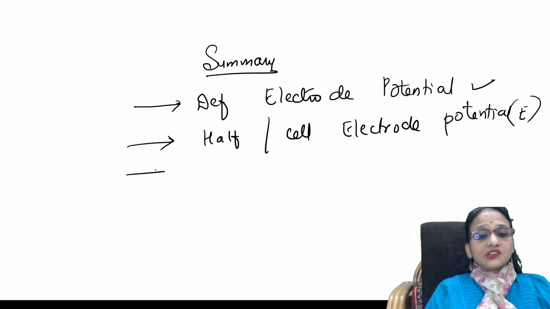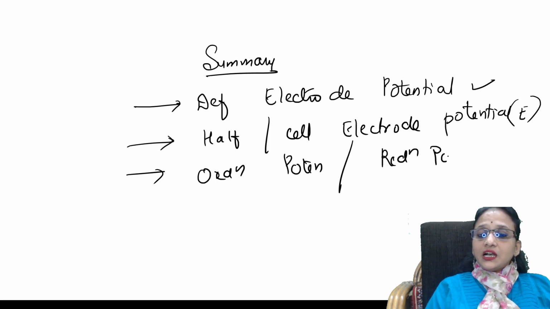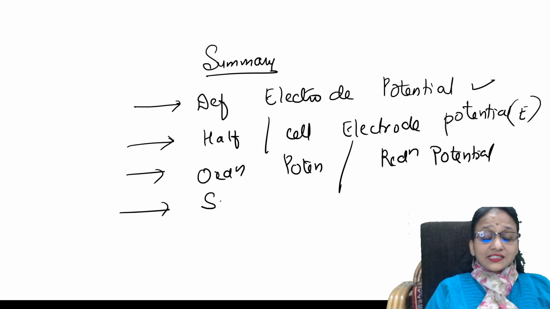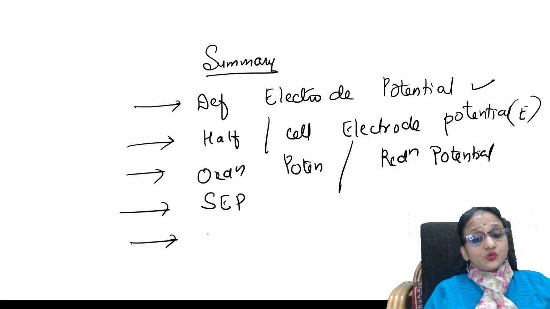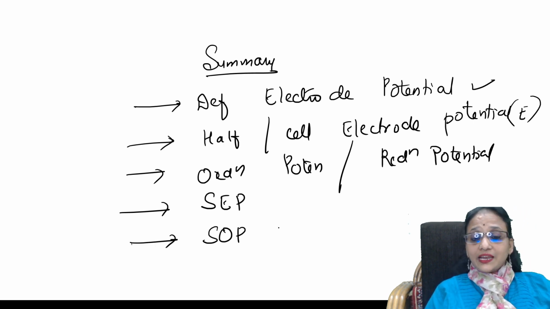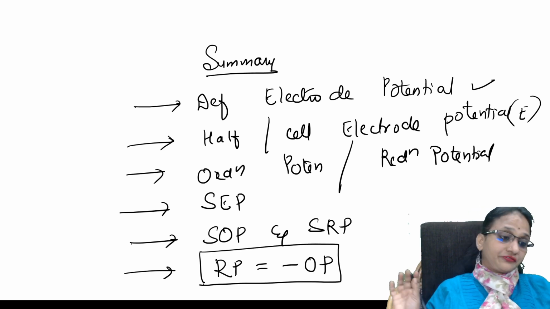I have also taught you SEP, standard electrode potential, and SOP and SRP. Then I gave one thing to remember, RP is equal to minus OP.